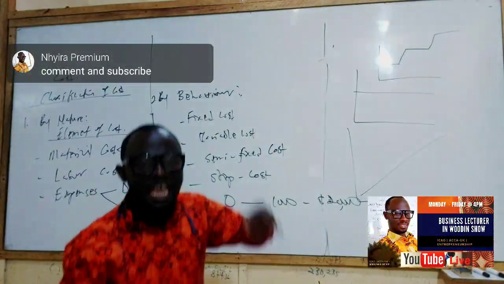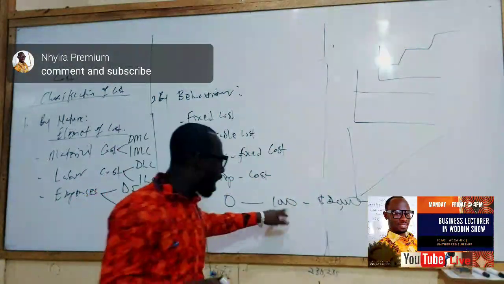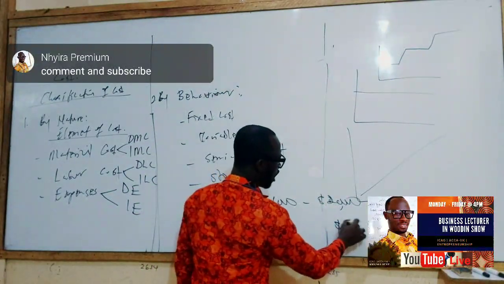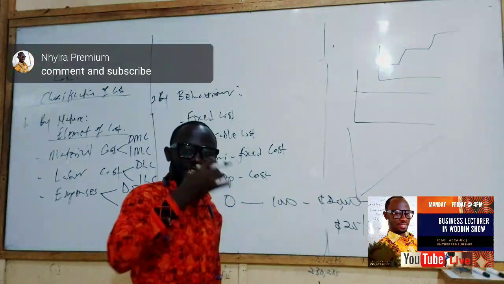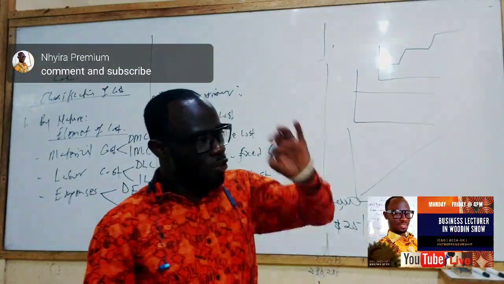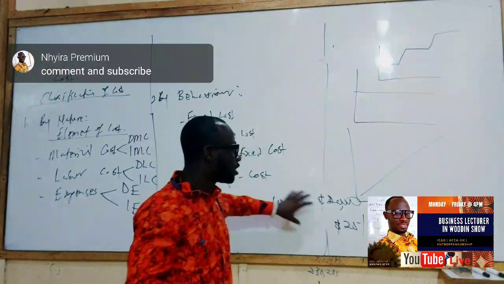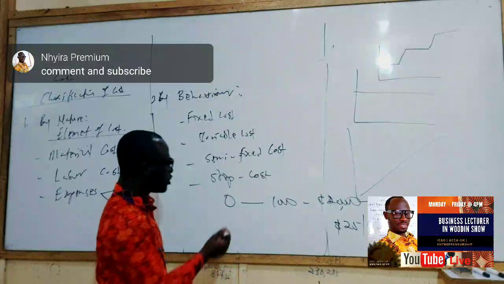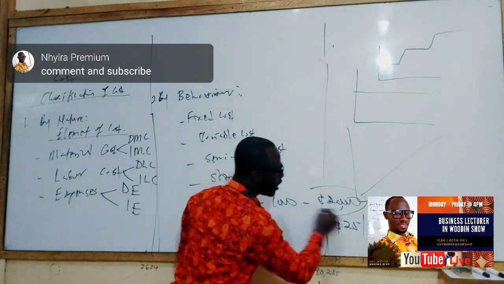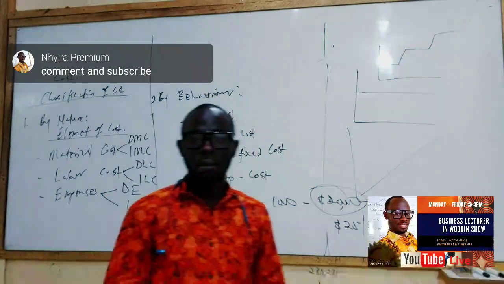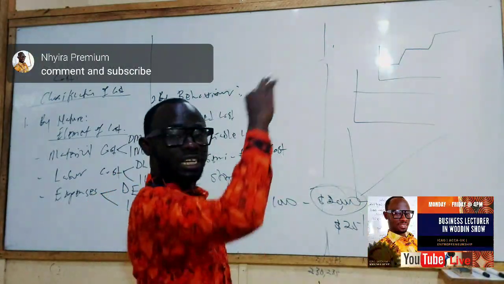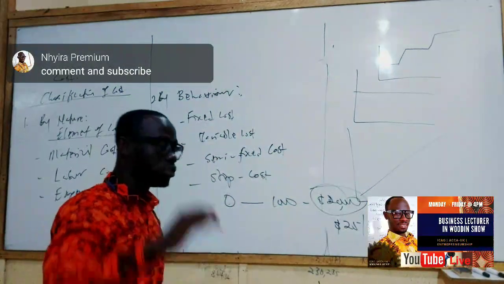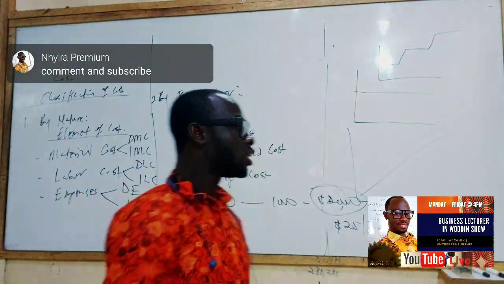However, any additional units produced after 1,000 units, you will incur a cost of, say, $25 per unit. That $25 per unit for the units after the 1,000 is what is referred to as the step cost. As far as we are producing from 0 to 1,000, we'll be incurring the $20,000. But when the units go beyond the 1,000, the additional units will incur a cost of $25 per unit.